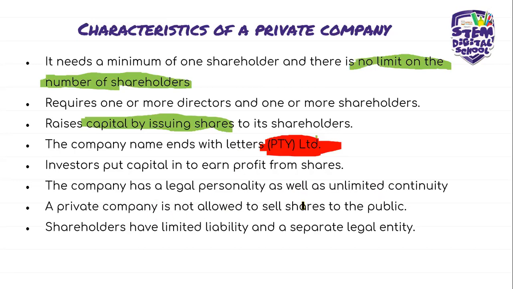Also, a private company is not allowed to sell shares to the public. Only a public company can be allowed to sell shares to the public, but a private company is not allowed. Shareholders have limited liability and separate legal entity.